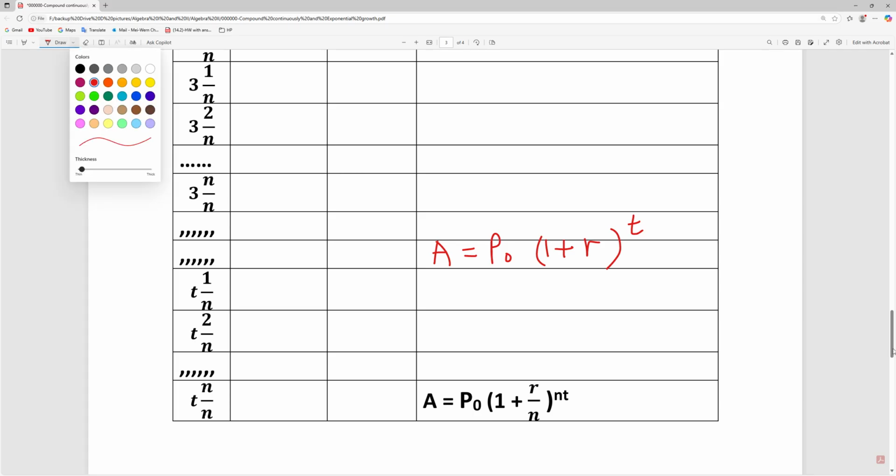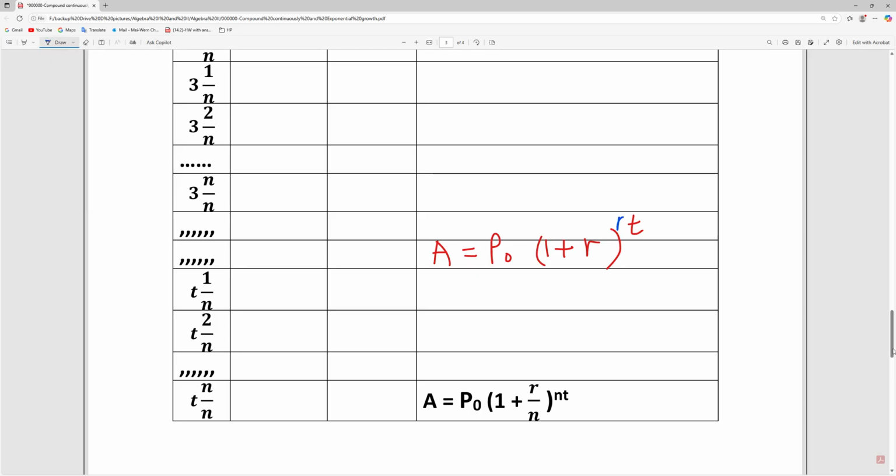But because you want to compound so many times in 1 year, if you compound n times in 1 year, every time I will give you the interest rate supposed to be divided by n. It makes sense, right? Now, so based on the deduced formula here, I think it's not too hard to understand so far.